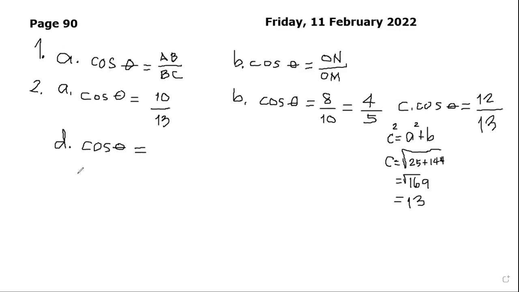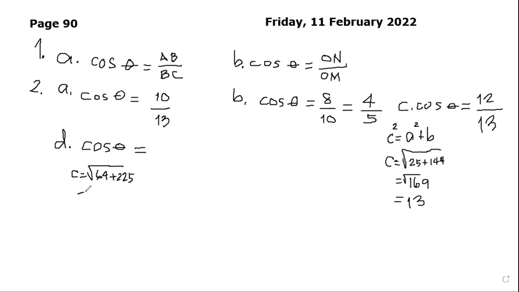So letter D, c equals the square root of 8 squared, 8 times 8 is 64, plus 15 squared, 225.